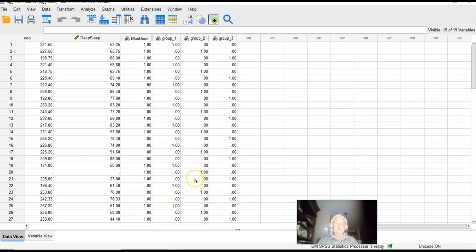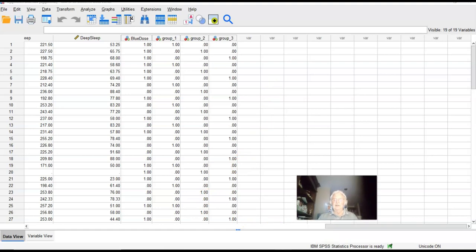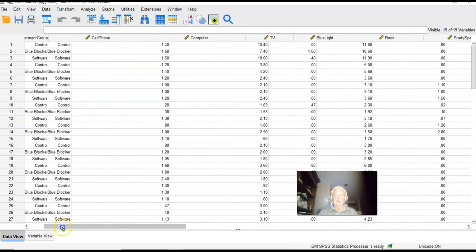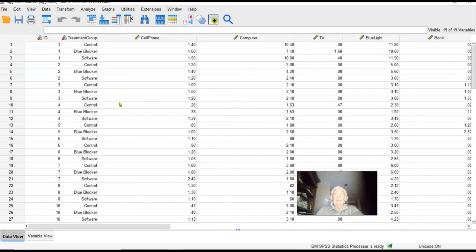Now, the next thing we want to talk about is analysis of covariance. We sort of saw that in the last example when we were doing all the individual things. That, in fact, could be considered an analysis of covariance, because you're looking to see if there's a difference between groups after adjusting for cell phone, computer, TV, and book use.